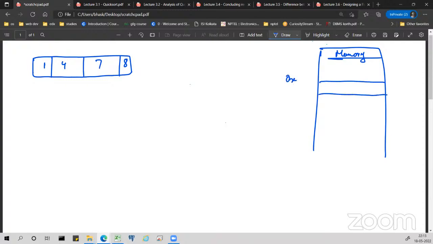Memory addresses typically start with 0x. It's not important, I'm just writing it in that manner. Let's say 0x1001, then 0x1002, dot dot dot, and here we have 0x7002, dot dot dot, like that.